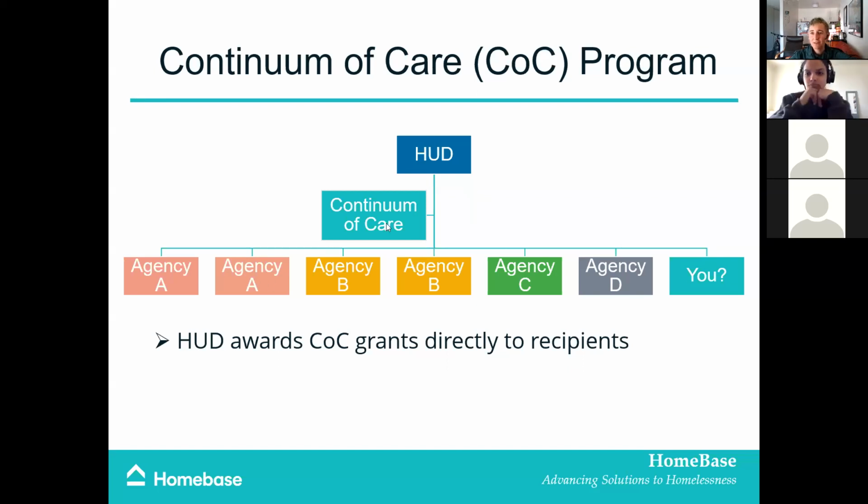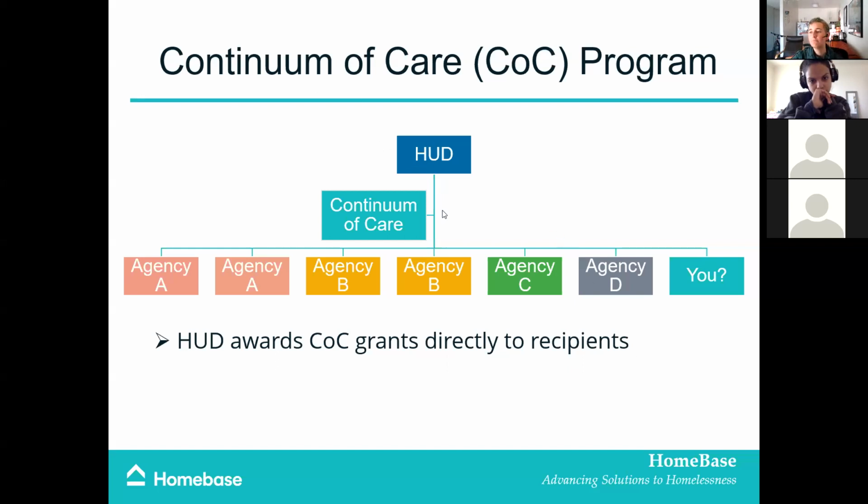The role of the Continuum of Care is to compile all of the individual funding applications from each of these agencies and to forward them on to HUD and say, these are the applications that our community has selected to submit to you. And HUD will respond by saying, excellent, thank you so much. We're going to fund these selected projects, and we are not going to fund these other applications that you submitted.